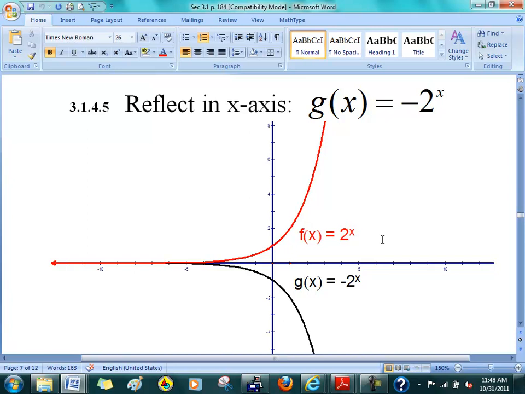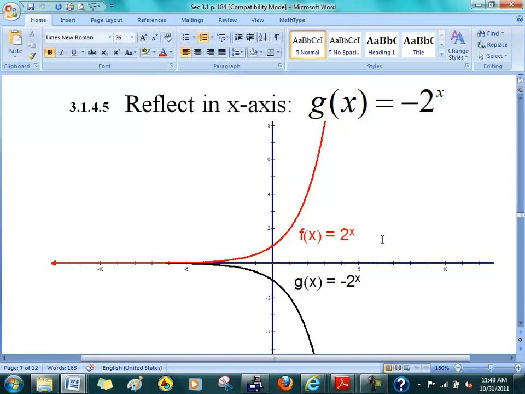What's it reflecting in the y-axis? Does anybody remember? No, I mean generally speaking, what is reflecting in the y-axis? No, I'm not talking about exponent functions. I'm talking about, suppose you've got a function f of x.